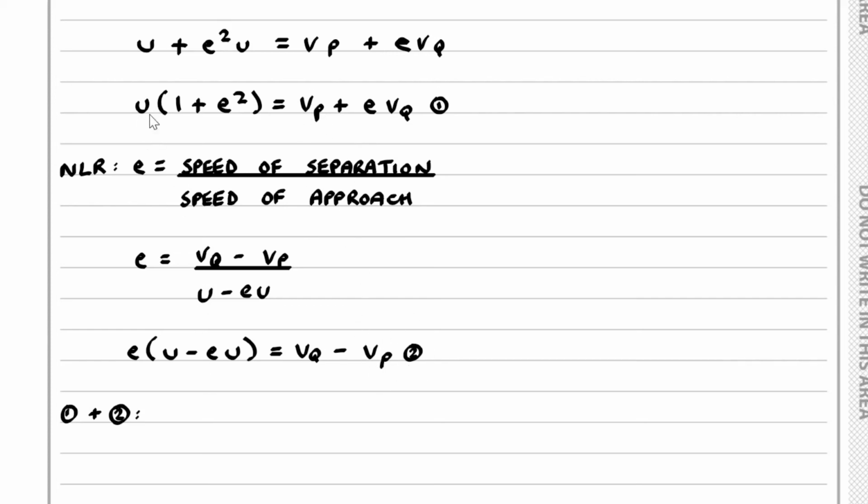So on the left hand side we've got u lots of 1 plus e squared plus e lots of u minus eu, and that's equal to vp minus vp, which is 0 vp, and then we have evq plus another vq.